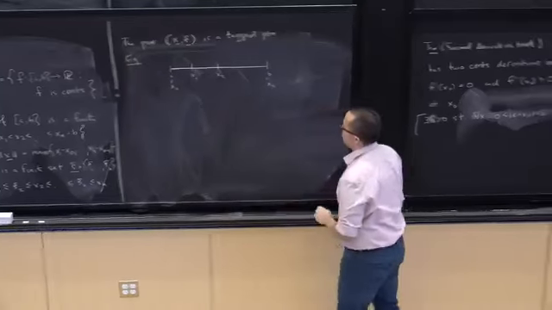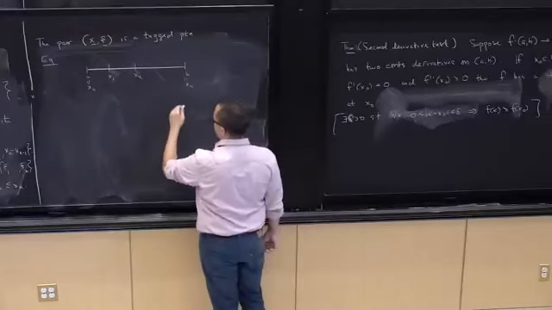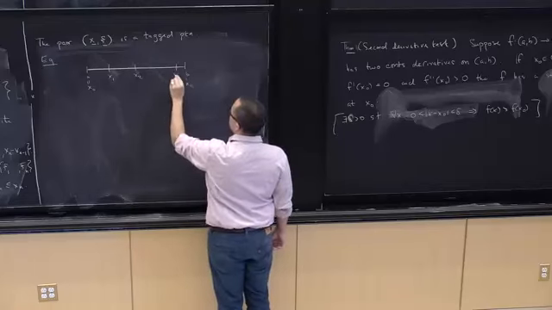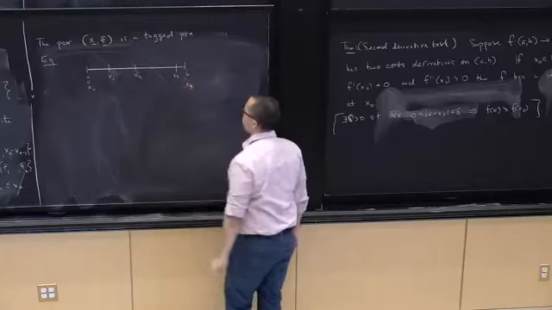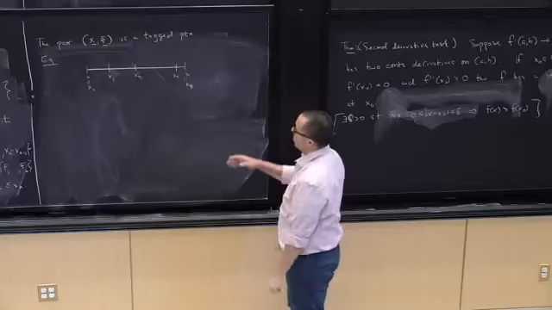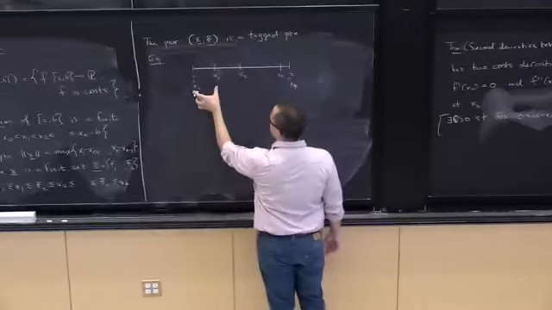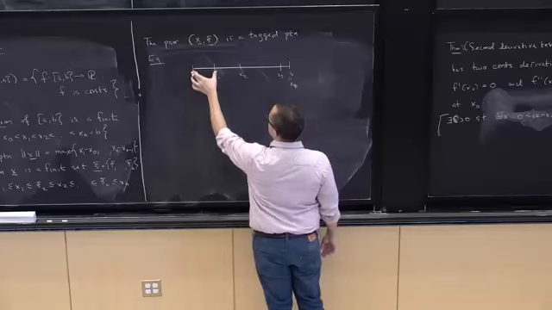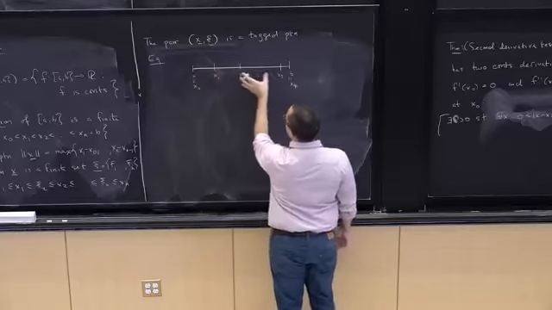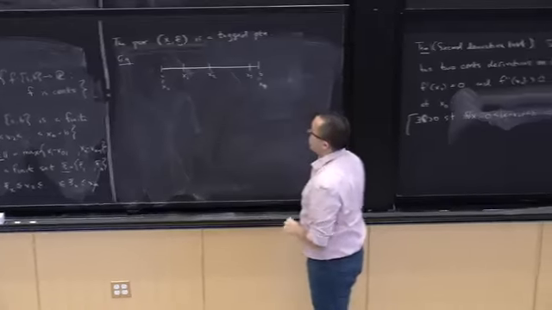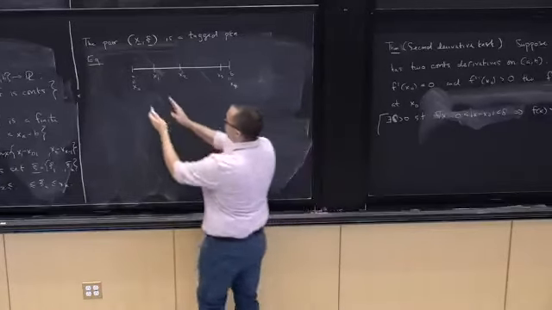Because I can't draw n points, I'm going to draw 4 points: x1, x2, x3, x4. So there's a partition of [a,b] into, think of these points as being the endpoints of little intervals that I've broken the bigger interval up into. And the xc's are just points in each of these little intervals.